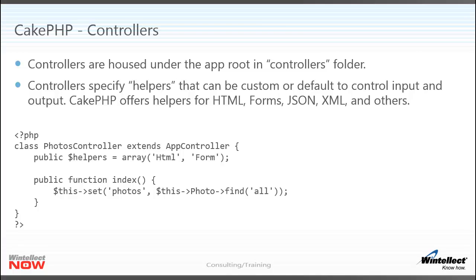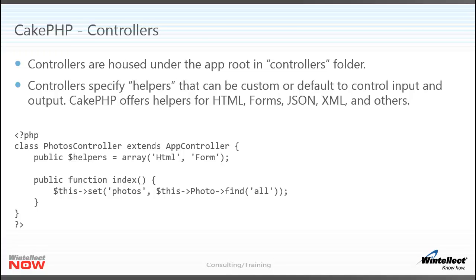Now inside of your actual object controllers, when you create a class, you have to declare what kind of helpers you're using. In this case, I'm going to be using HTML and form helpers because I'm writing a web application. Now, every controller has to have what we call an index function, and the index function is essentially the default behavior for any controller.